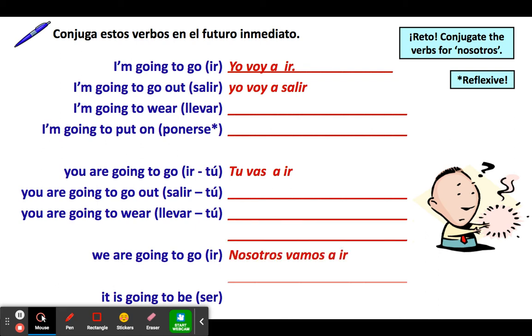In here they are all for the yo, so it is yo voy a, and then just add the infinitive. That's it. So go ahead, guys, and try to complete these sentences. If you need more time, pause the video. Also, if you have questions, I'm going to be having one-on-one sessions with you guys tomorrow.